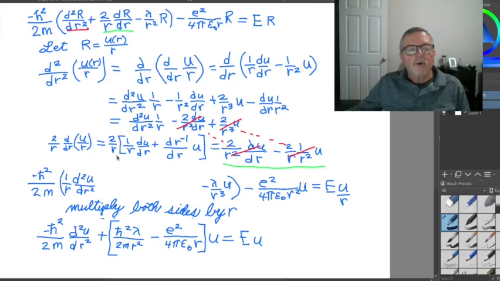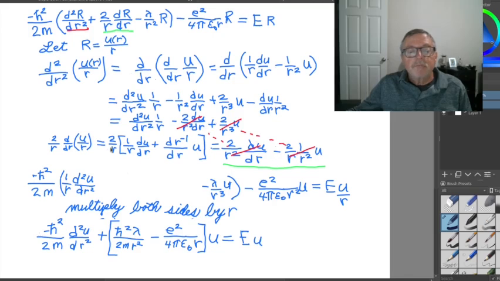And then 2 over r, and we take that times all of this stuff, which is 1 over r du over dr plus the derivative of 1 over r, which, as we did before, gives me 1 over r squared.